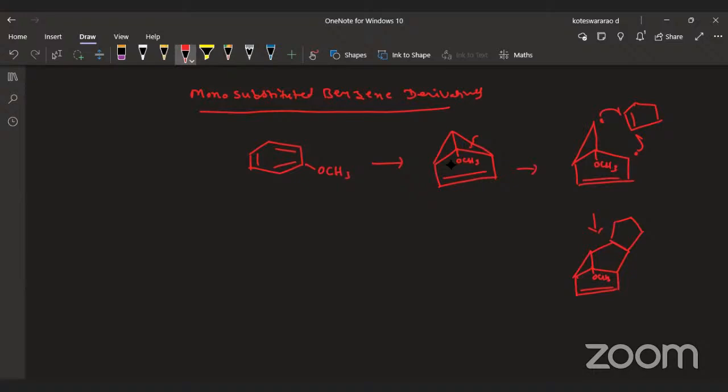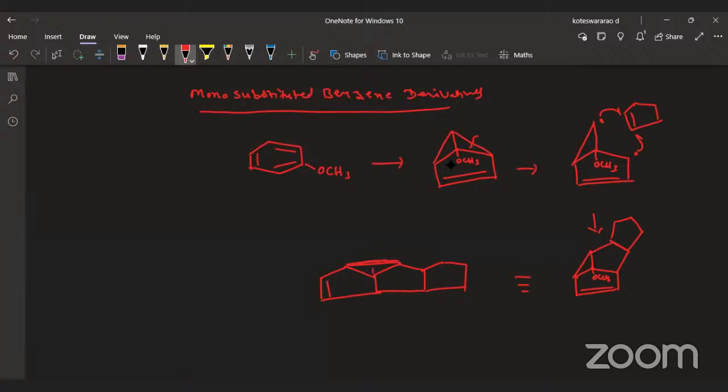We can also write like this. Okay, this is another three-member ring.